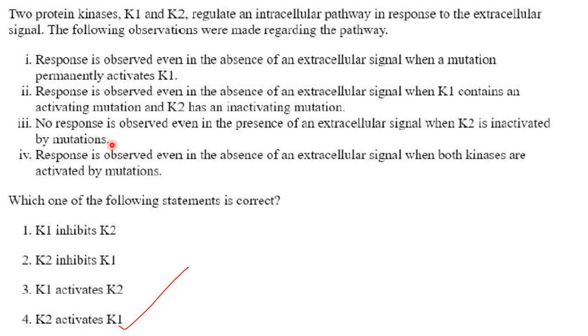So again it shows that K2 activates K1. Response is observed even in the absence of an extracellular signal when both kinases are activated by mutations. Okay. So which one of the following statements is correct? K1 inhibits K2, K2 inhibits K1, K1 activates K2, K2 activates K1. So the answer here is option D. K2 activates K1.